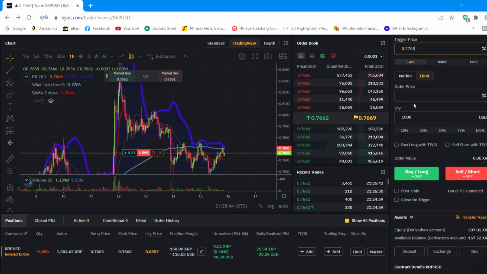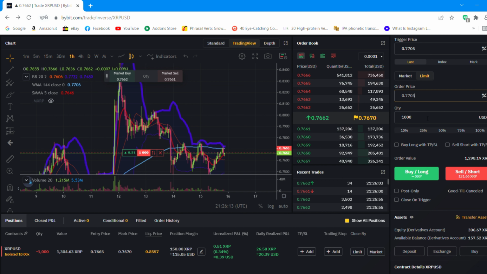Then I would put in the order price. So if I get triggered at that price and I'm selling short, what I do is put a slightly different price. So I would say buy in at 0007. I'm terrible with numbers.